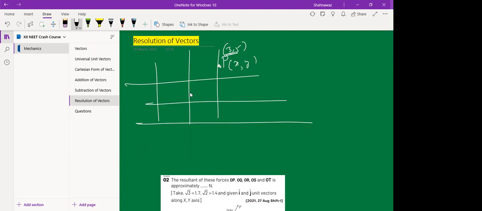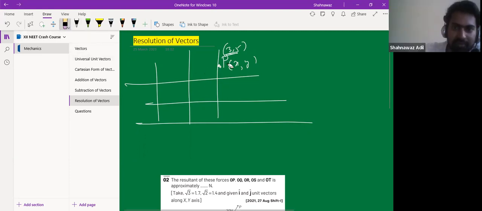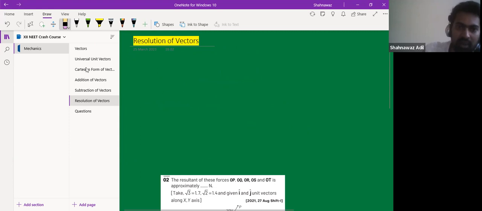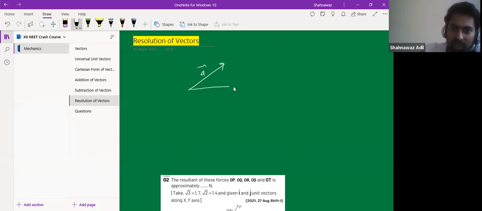So a vector in a plane, let's say this is a vector A, can be divided into 2 parts.